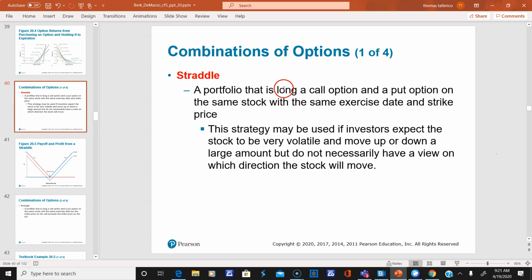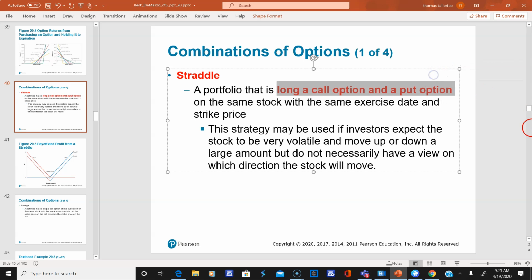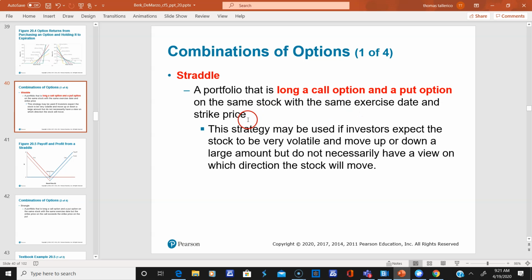So you see what they're doing here? They go long a call and a put option on the same stock with the same strike price and the same exercise date.